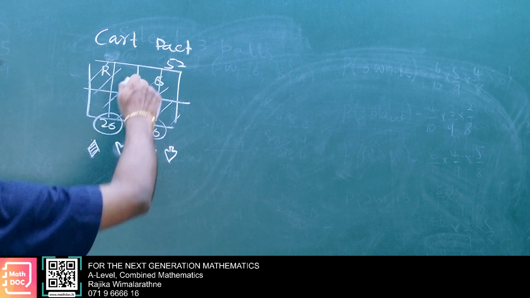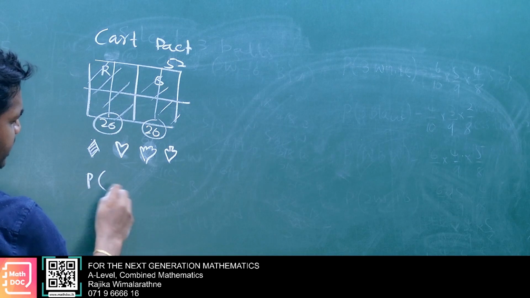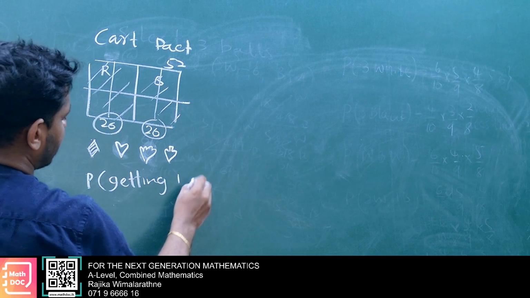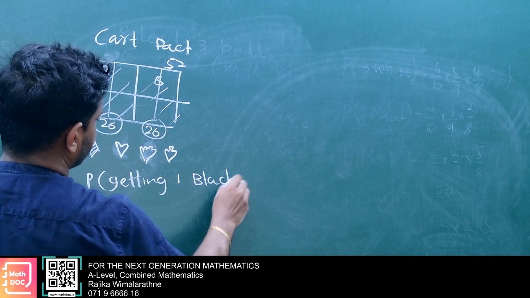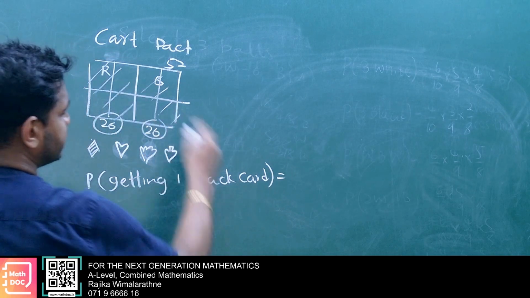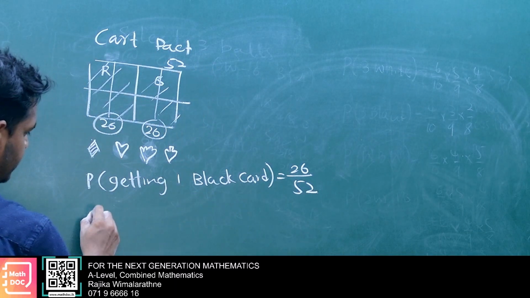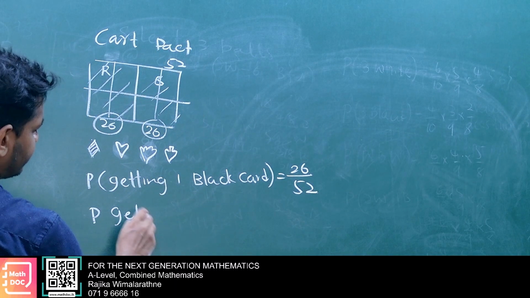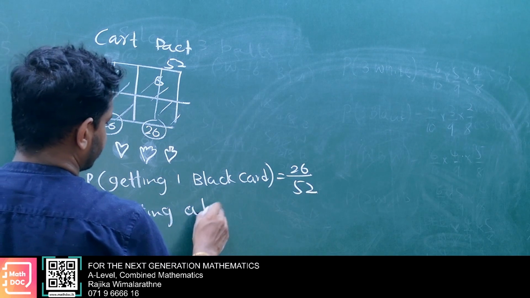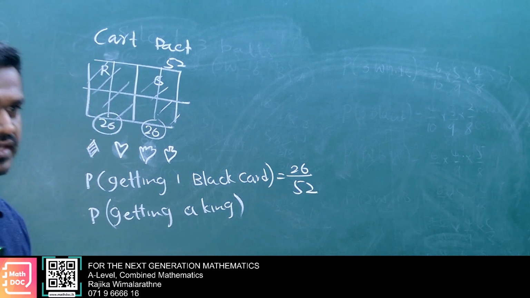Then I'm going to select one. Here P, getting one black card. So we have 26 black cards, altogether 52. So P, getting a king.